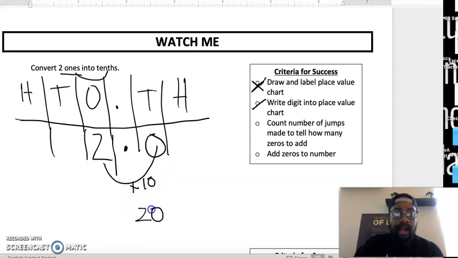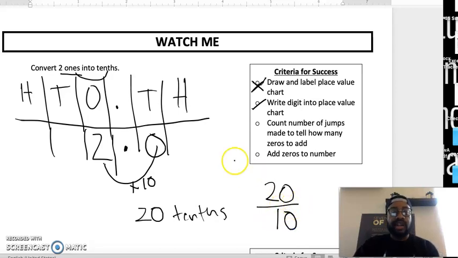Now, 20 is not just 20, but it's 20 tenths. And how do I write 20 tenths? Well, 20 tenths as a fraction would be 20 over 10 because we are in the tenths place. Remember, this is like 1 over 10, and this place value is like 1 over 100 because it's the hundredths place and the tenths place.